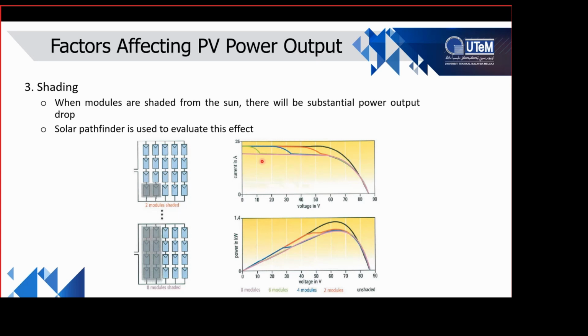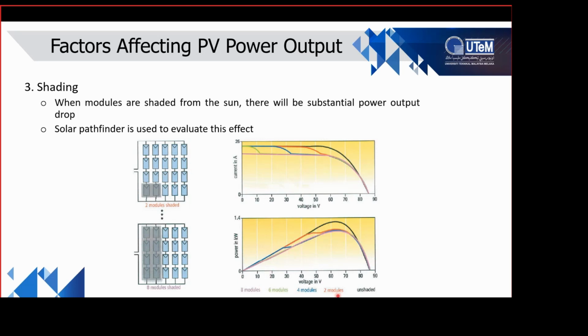As you can see, the current will start to drop. The more modules shaded, the faster the current will drop. At the bottom here, we have the power curve. You see the black line, if there is no shading, this is the ideal PV curve.